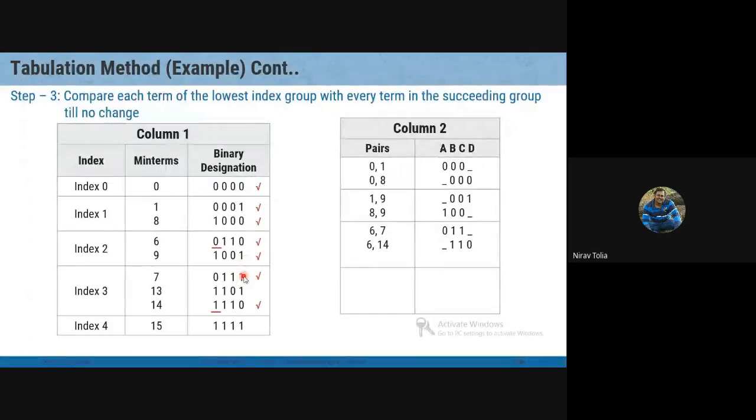So 3 bits are changing, that's why the 9 and 7 pair is not possible. For 9 and 13, only one bit is changing, that's why it is possible, okay.